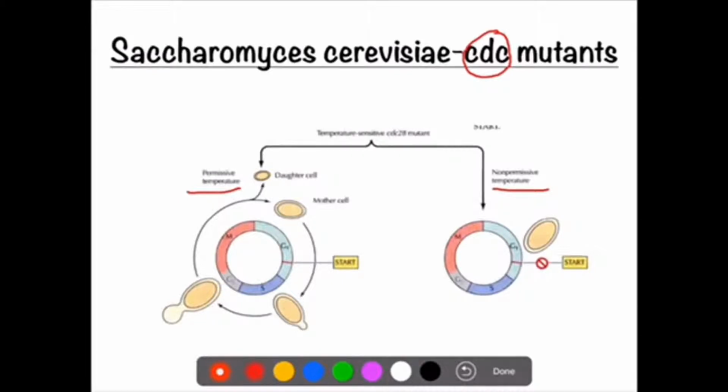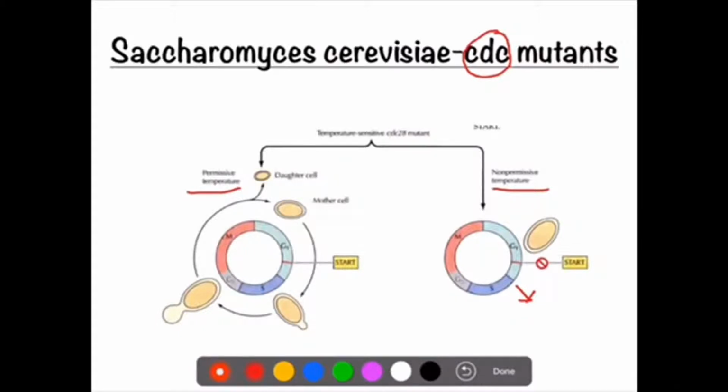At permissive temperature, these cells can synthesize CDC protein. At non-permissive temperatures, these cells cannot synthesize this CDC protein. Since at non-permissive temperatures the cell cannot synthesize CDC protein, this yeast cell cannot divide.